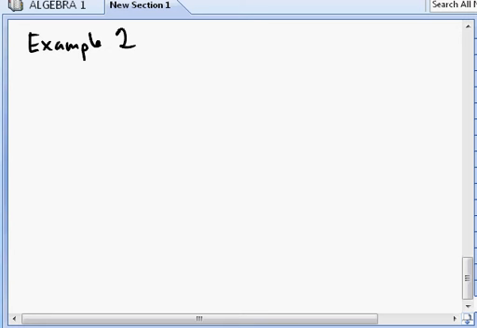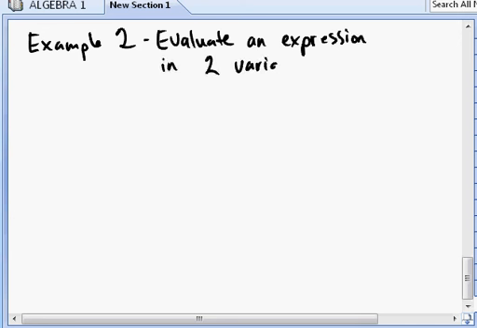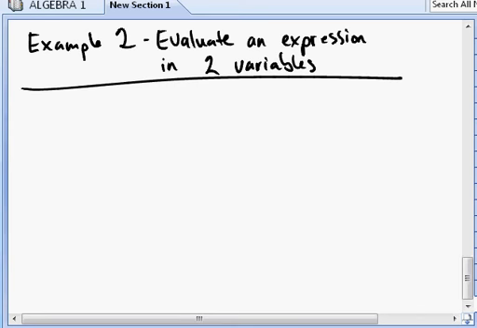So example 2, this is going to be a word problem. And this says, evaluate an expression in 2 variables. Well, what does that mean? Anybody?